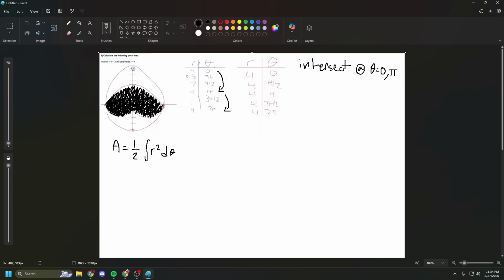So we would split this up from 0 to pi, and then pi to 2 pi. So from 0 to pi, we know that the smaller one is going to be the circle, because all the r values are above 4, and then all of these values stay at 4 the whole time.